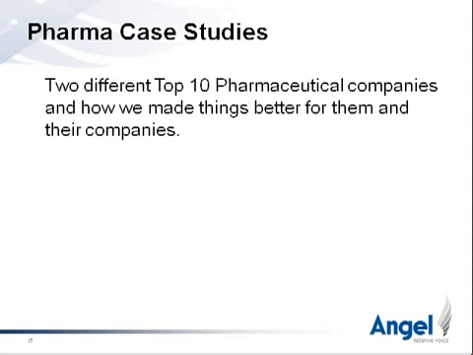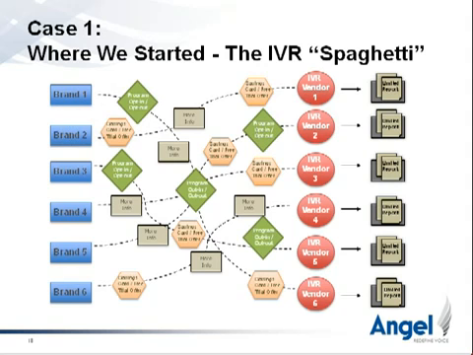So as we're rolling into the slide, this particular client started off with a really messy bowl of spaghetti, if you will. If you'll allow the analogy, there was really no consistency in how they approached their IVR because they were functioning as silos, as brand silos. Since there was no consistency in how they designed their IVRs, there was also no consistency in the language.